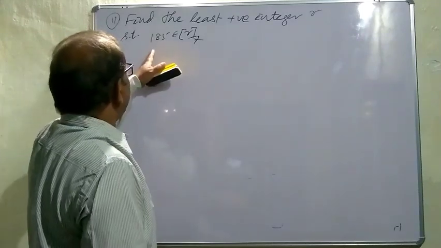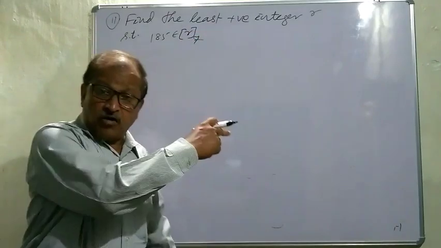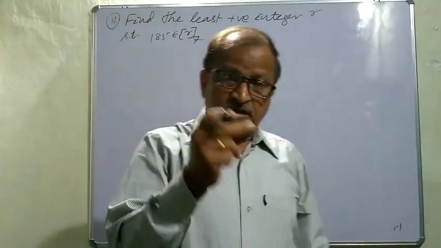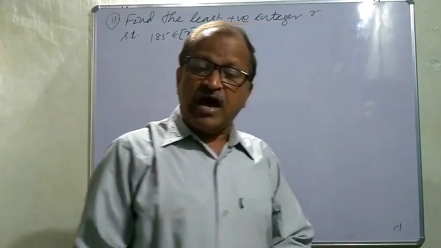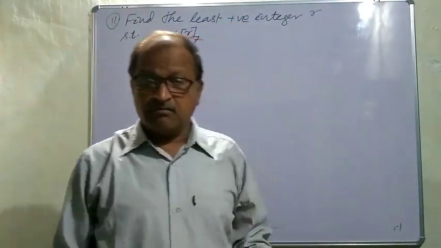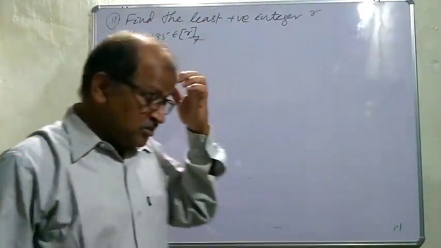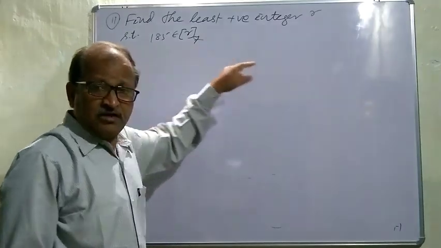So 185 belongs to the equivalence class of R. Already we have seen, what was R? R is nothing but the remainder obtained by dividing the number by, say here 7, there 5.